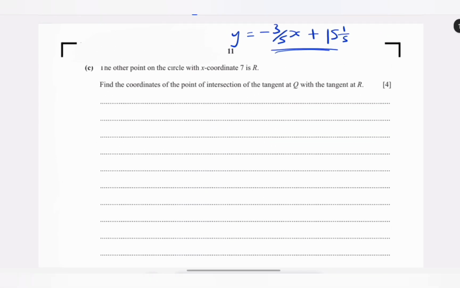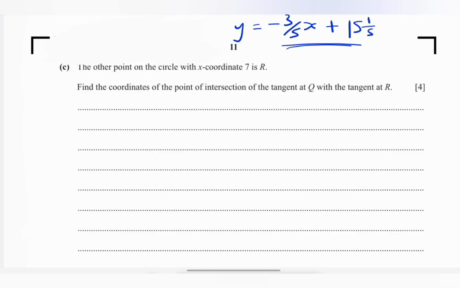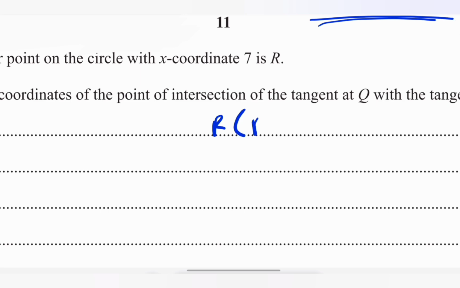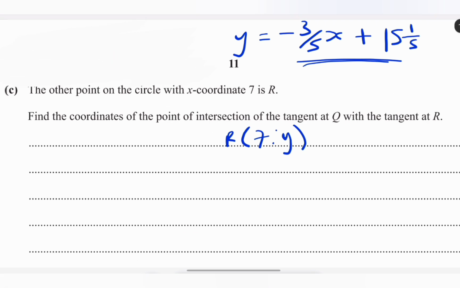And now for part C, it says the other point on the circle with x coordinate 7 is R, meaning R has coordinates 7 and y.